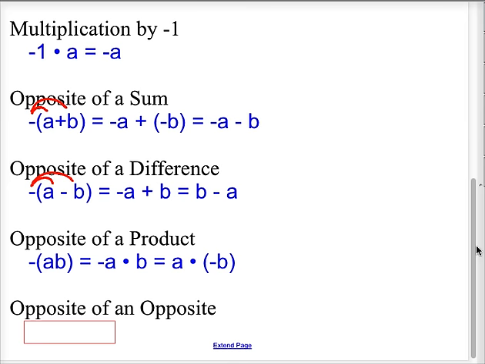The opposite of a product means either thing could be considered the negative. Opposite of an opposite, the negative of a negative, is going to become positive, all right? And those all become important when we start talking about simplifying expressions, which we're going to do quickly on the next page.